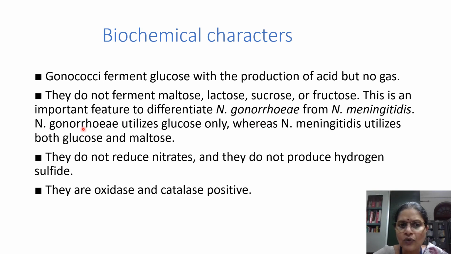See, Neisseria gonorrhoeae utilizes only glucose, whereas Neisseria meningitidis utilizes both glucose and maltose. So if both fermentations are observed in the test tube, then it could be Neisseria meningitidis. But if you see only the fermentation of glucose and no fermentation with other sugars, then you can say that the particular species is Neisseria gonorrhoeae.